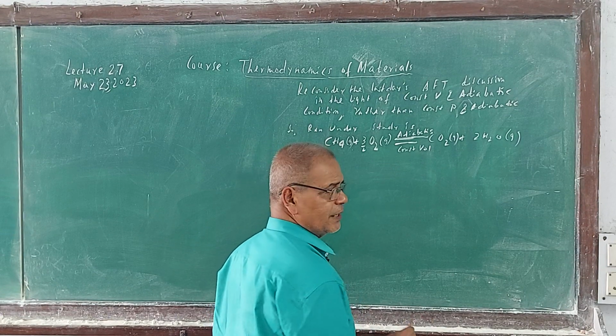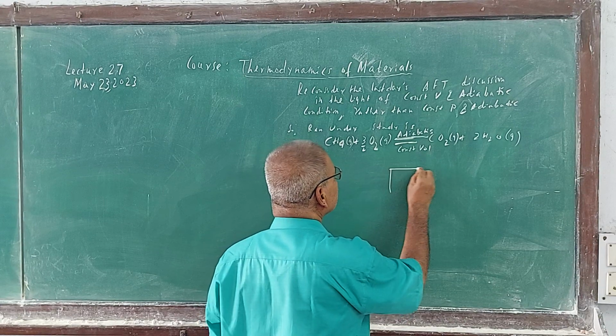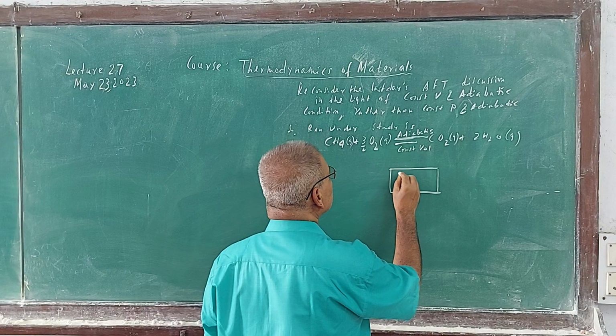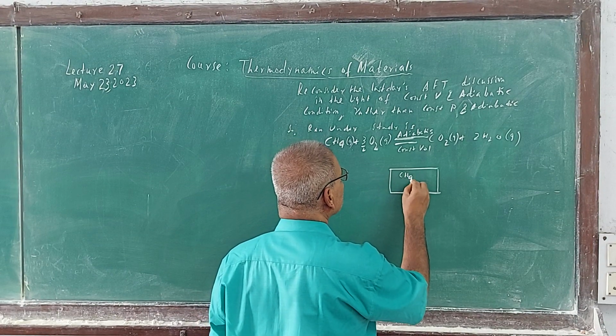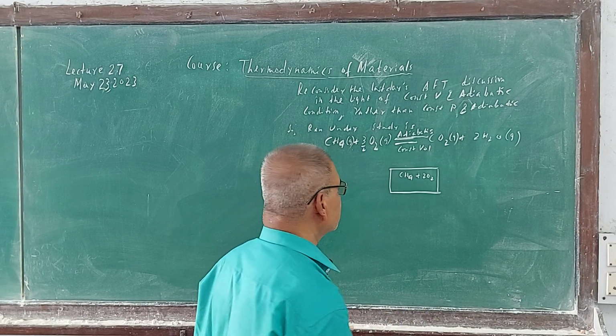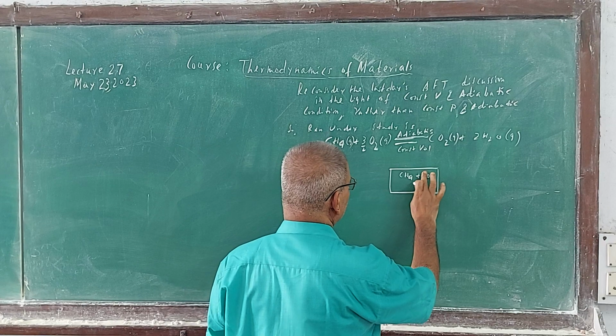So what is the figure like? The corresponding figure is like this. Remember, what is the starting point? CH4 plus 2O2 in a constant volume reactor.